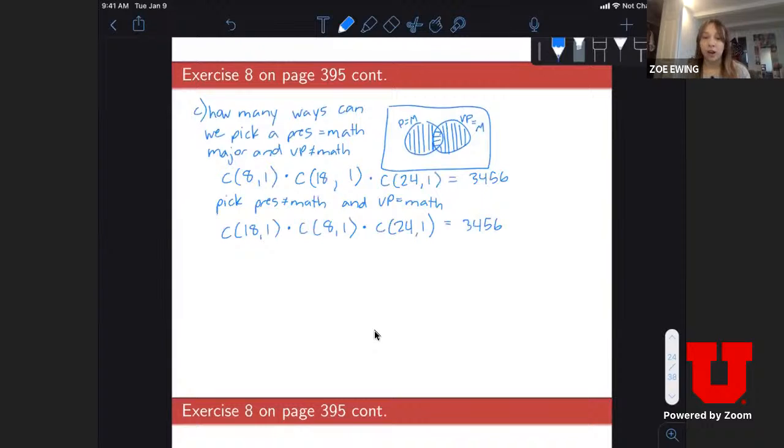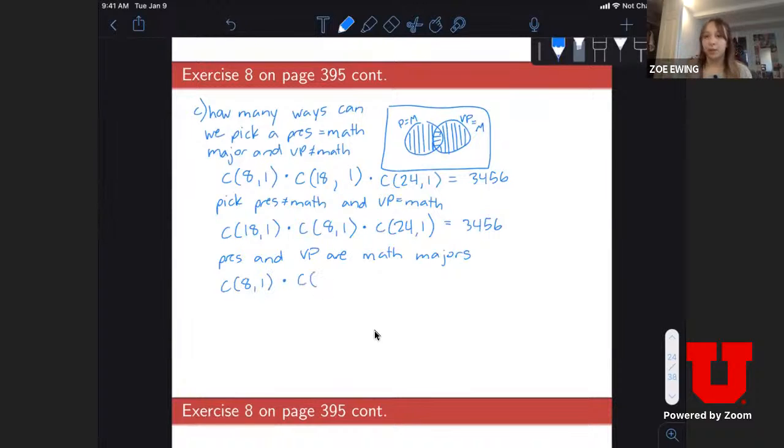Okay, now the very last thing that we have to pick is we want the president and VP are both math majors. So out of the 8 math majors, we want to choose one to be the president. Okay, now we want to pick the VP.